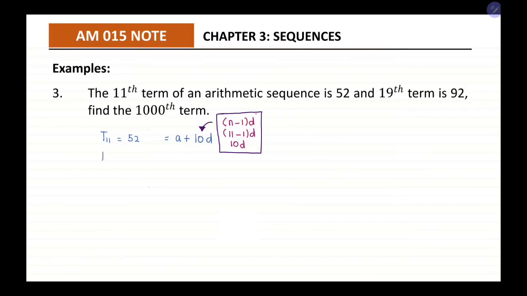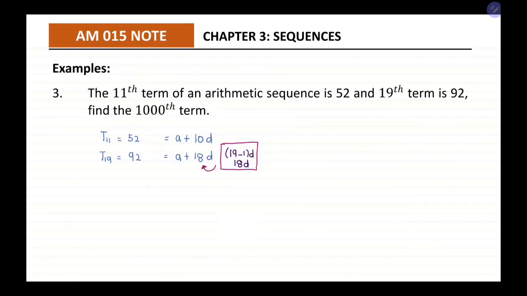Then given T19 equals 92, the formula is a plus 18d. The question asks to find the 1000th term, so we want to find T1000. To find T1000, we must know the values of a and d first. To get the values of a and d, we must solve this simultaneous equation.